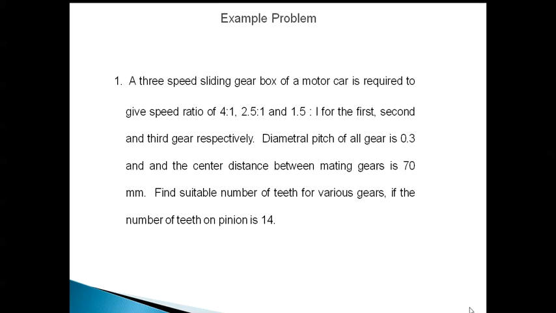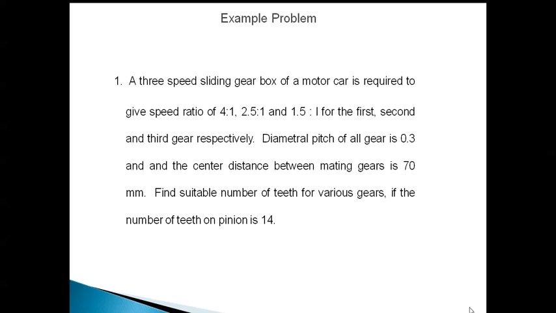First we'll see one example problem related to the sliding gearbox of a motor car. A three-speed sliding gearbox of a motor car is required to give speed ratios of 4 to 1, 2.5 to 1 and 1.5 to 1 for the first, second and third gear respectively.